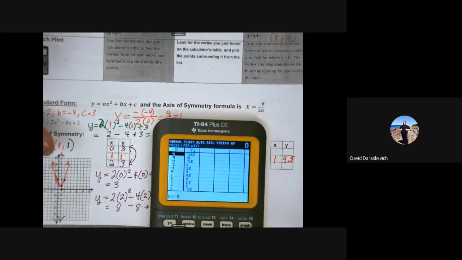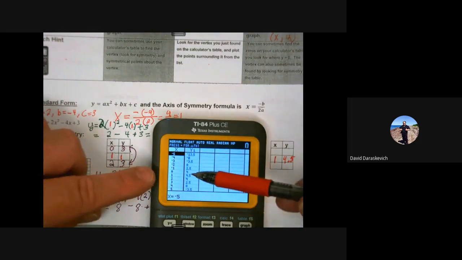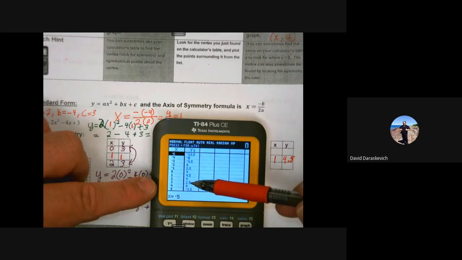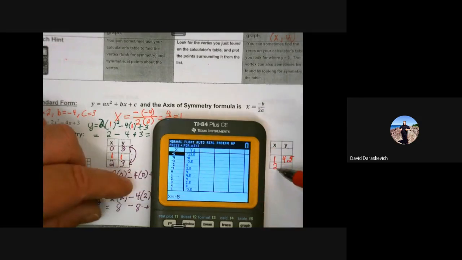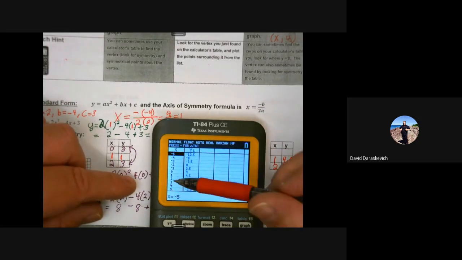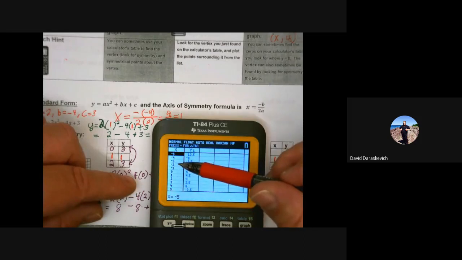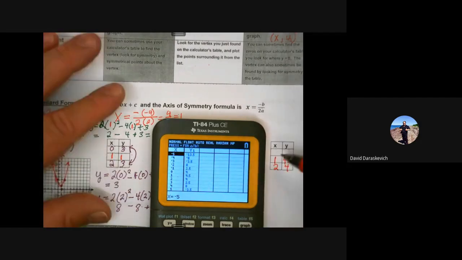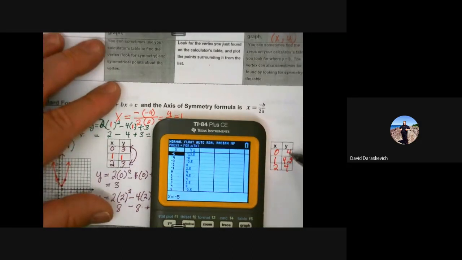Okay, I'm going to get some numbers. I'm going to use one higher, which is 2, 4, and one lower, 0. Oh, I'm sorry. Yep, 0, 4. So I got my 3 points.